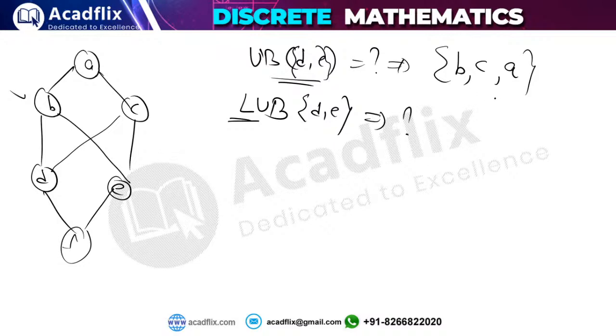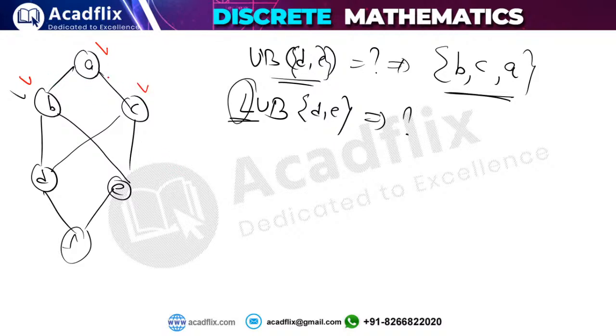You can try. Let me answer. Least upper bound means in the upper bound you find the least element. The upper bound is A, B, C. In this upper bound you need to find the least element.